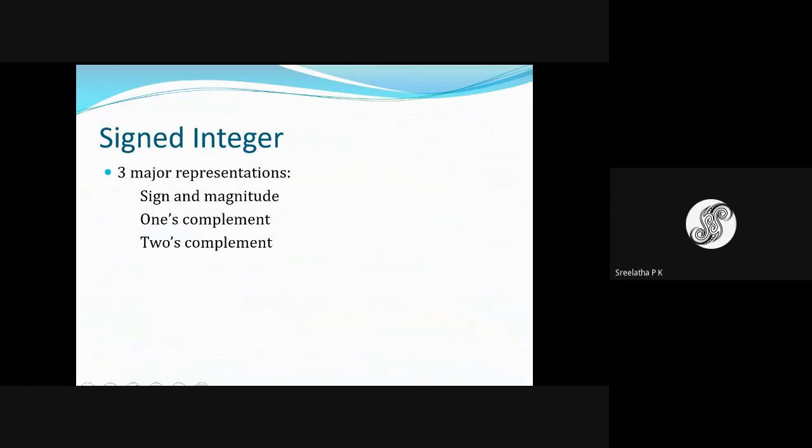So you know that anything in a computer is represented in binary, whether it is a character, a string, any numbers, or any instructions. All of these are represented in binary, that is zeros and ones.